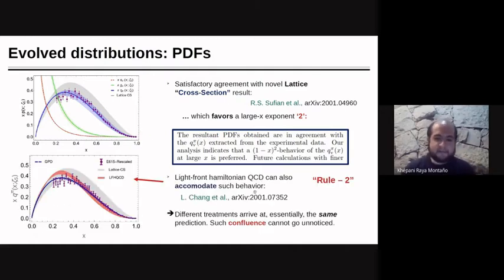But also, if we take a very different approach, the light-front Hamiltonian QCD approach, after proper selection of the counting rules, by rule number 2 by Professor Chang in this reference, we can also find a valence-quark PDF that favors the exponent of 2, and it's in agreement with the reanalyzed data. So we have different treatments, which are vastly different, that arrive at essentially the same conclusion.